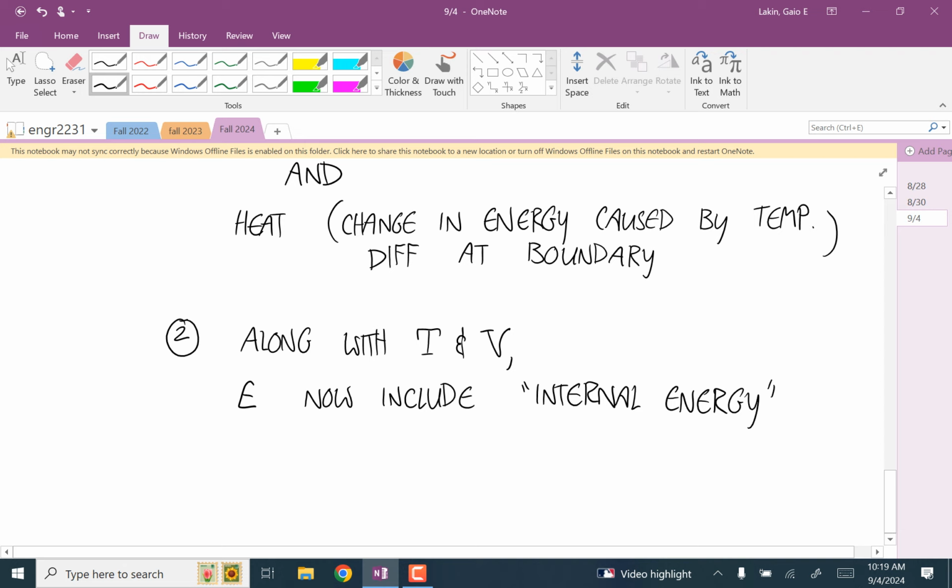So those are the differences. And then maybe the most confusing thing about using the first law, I mentioned this last time, is the odd sign convention that you have to use.